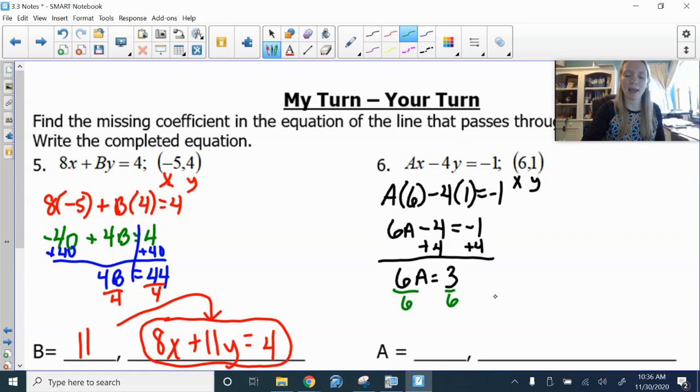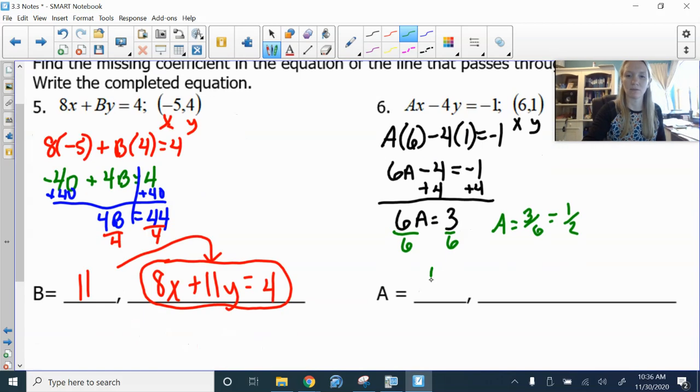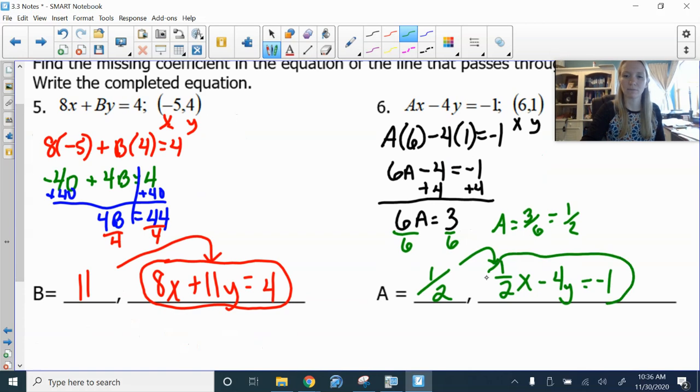And then I need to divide to get a by itself. So I have 3 over 6, which you could reduce to just a half. So we're going to plug that into the a value. A half x minus 4y equals negative 1. If you were to leave it as 3 over 6 instead of 1 over 2, that's fine.